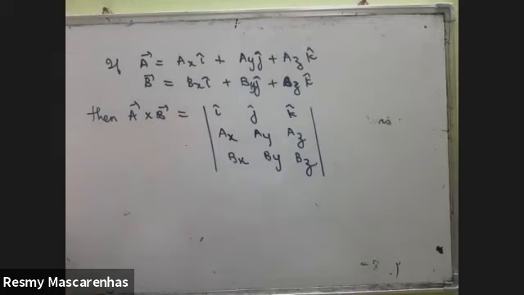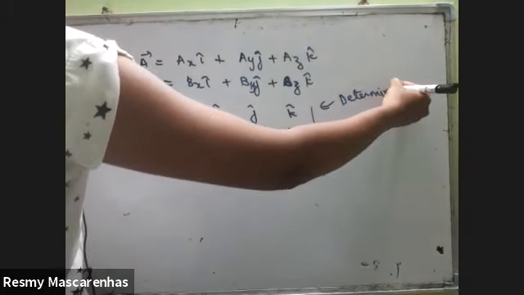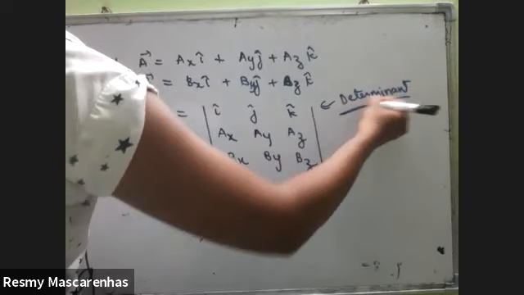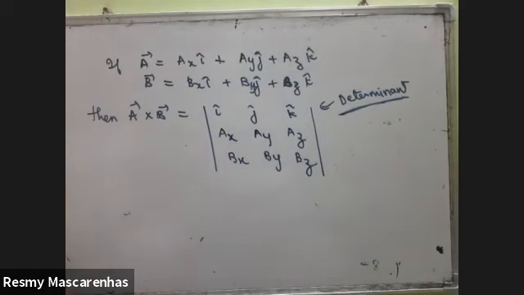So this is called a determinant. You don't have to know it, but just for your information. How to solve this determinant, I'll explain. There are always two types of determinant. So basics I'll just cover. This you write and keep.